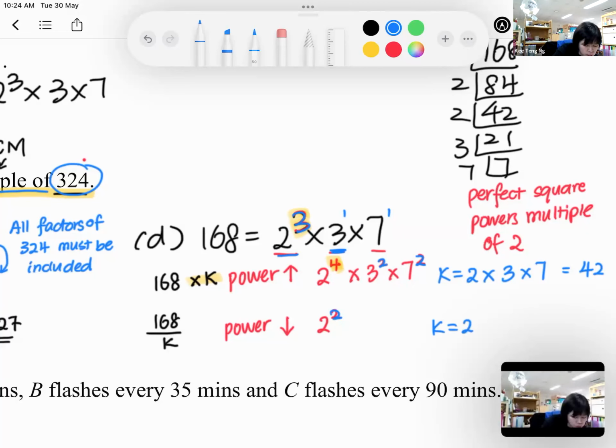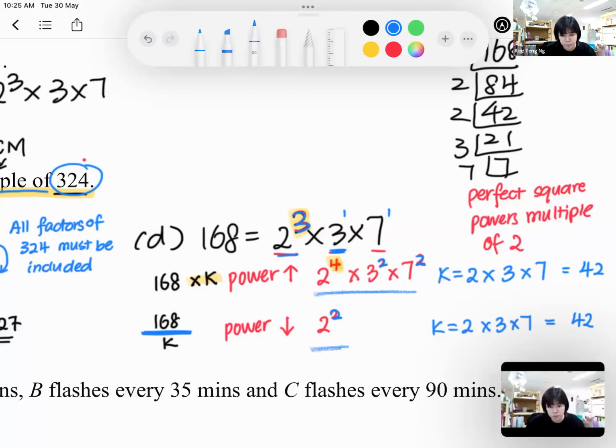I want to make 3 totally disappear, so I divide by another 3. 7, I want to make it disappear, I divide by another 7. The answer is still 42. So for both these questions, the answer is 42, but take a look at the outcome. The final end product is different.